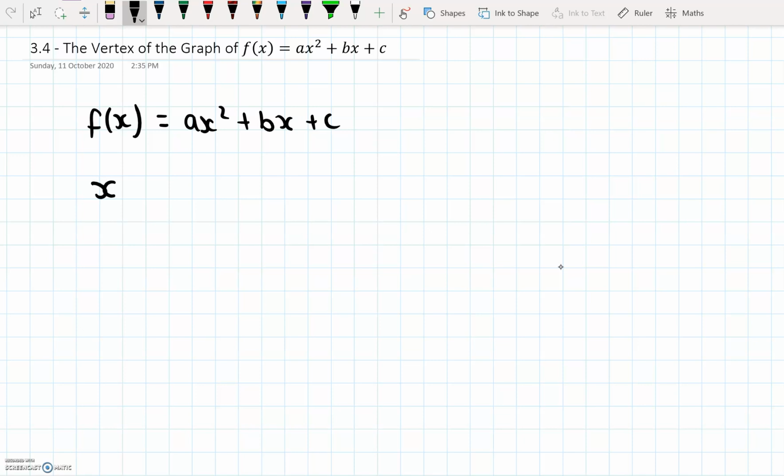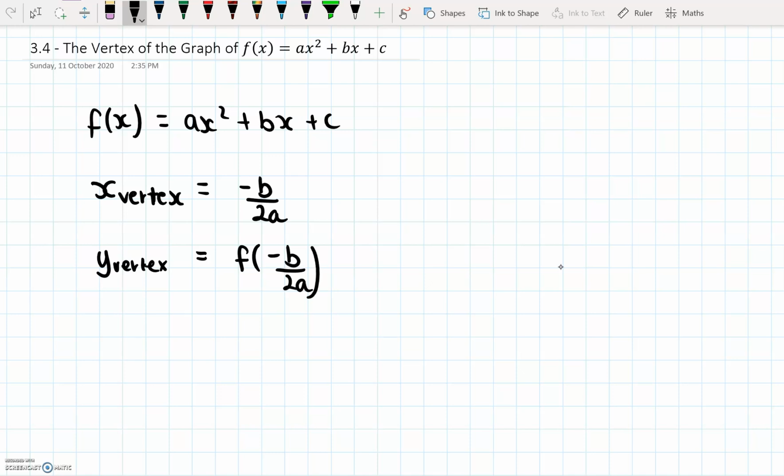The x of the vertex, so if we want to find the x coordinate of the vertex, is equal to negative b divided by 2a, and that's it. Okay, the y coordinate of the vertex, we use the nice little subscript to write that, is equal to the function of the x vertex. Okay, and that's it.